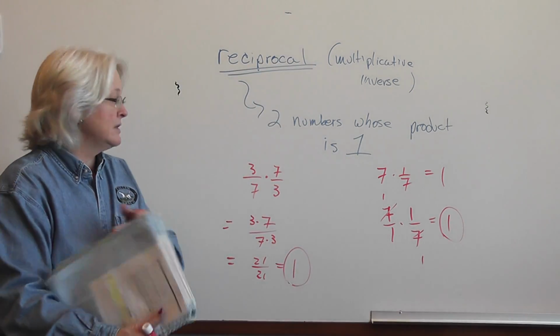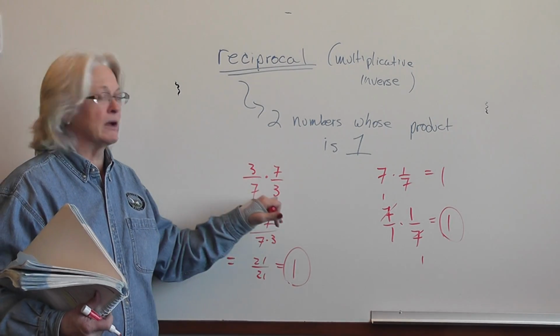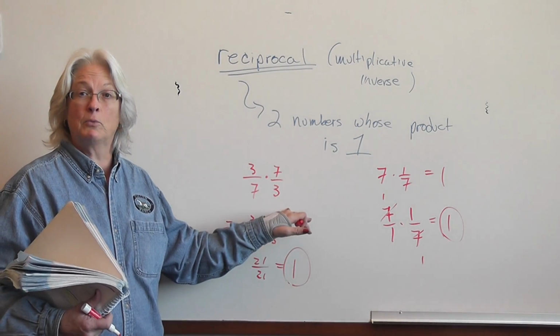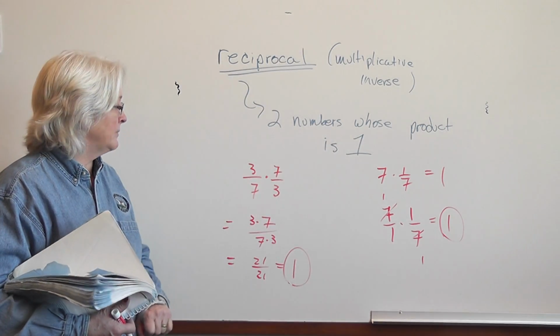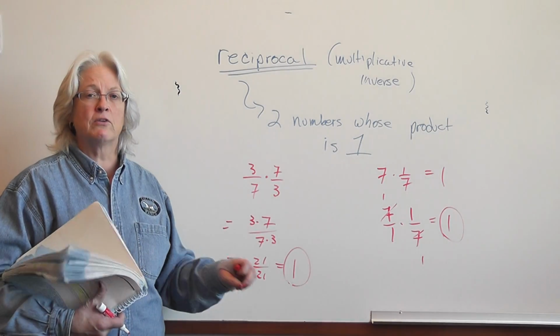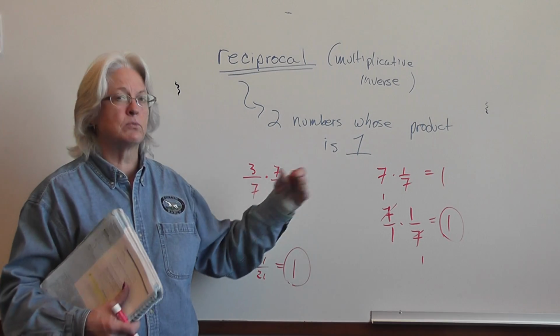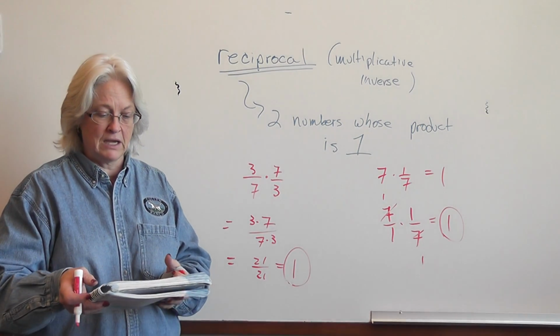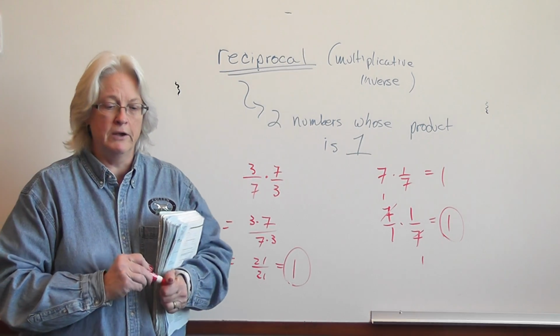And you see what I did on the first one? I didn't even address the fact that you have a factor of 3 in common. You can divide the numerator and denominator by 3. You can also divide the numerator and denominator by 7. I went through the steps, multiplied it out, to verify to you that when you have reciprocals, you multiply them together and their product is always going to be 1.